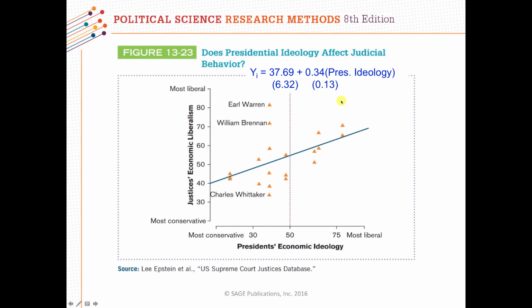And the question is, is this a significant relationship? I don't know how many observations there are here, but we've only had 45 presidents, give or take. So you'd get your critical T value, and then you would divide 0.34 by 0.13, see what that gets you, and see if that value was larger than your critical T value.